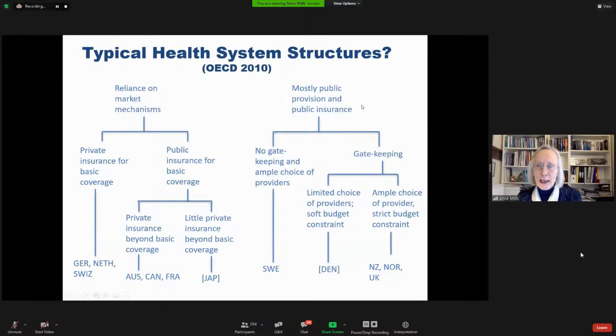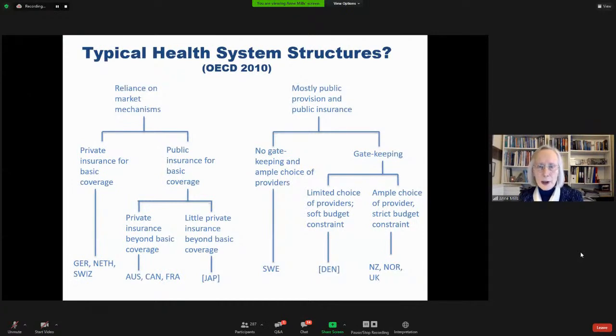And then if you look on the right-hand side, mostly public provision and public insurance. The OECD chooses to distinguish countries then on the basis of whether they have a gatekeeping role. That means whether the primary care level acts as a gatekeeper to access to hospitals. So like in the UK, I can't go straight to a specialist at hospital. I go via my general practitioner in my primary care practice.